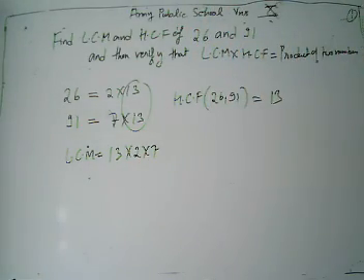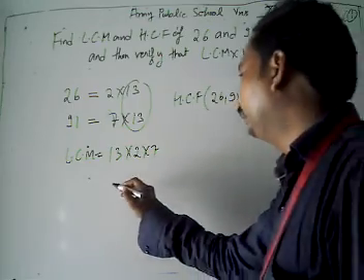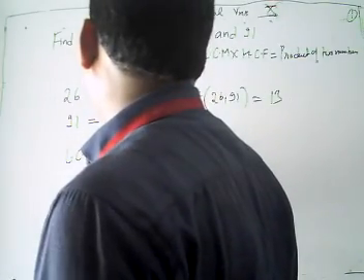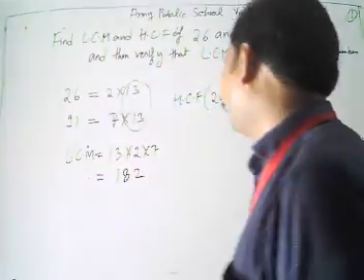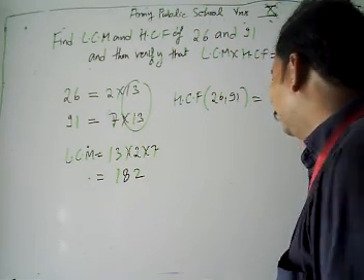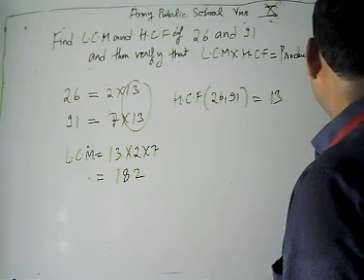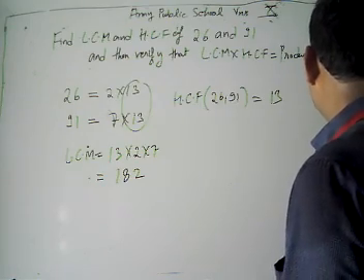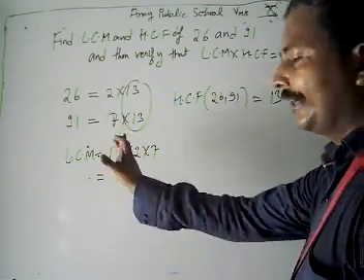Then for LCM we have 13 into 2 into 7. 13 into 2 is 26, and 26 into 7 is 182. Yes, it's 182. Now we get the LCM.